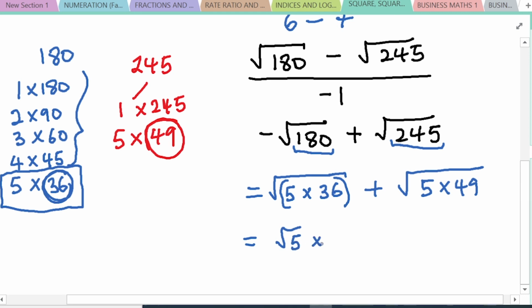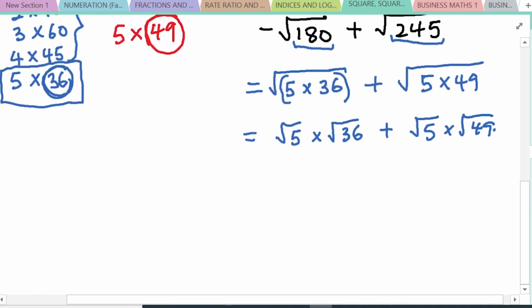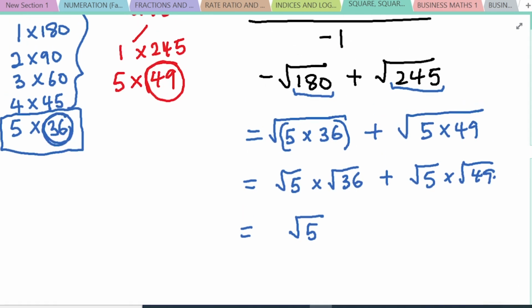Okay, so from here, this is going to be the same as the root of 5 multiplied by the root of 36, plus the root of 5 multiplied by the root of 49. The root of 36 is 6, so it's root of 5. Oh, I am forgetting this negative here. Remember, this negative is applying to the one here.